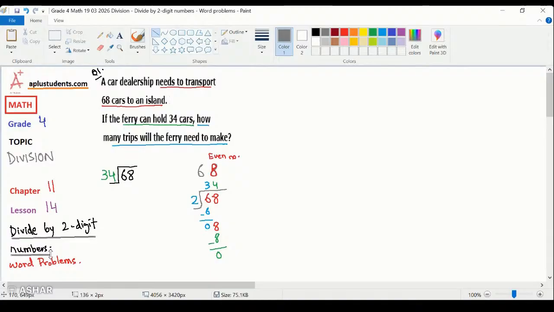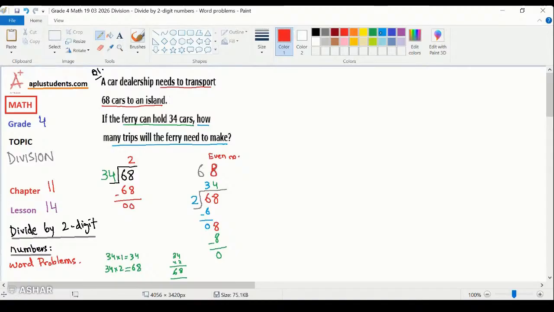So we need to study the table for 34. 34 multiplied by 1 would be 34, but 34 multiplied by 2 means 4 times 4 is 8, and 68. So we can write a 2, and we have a 68, and we are left with a 0.